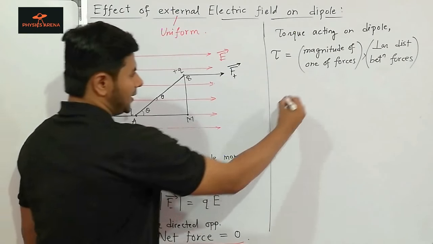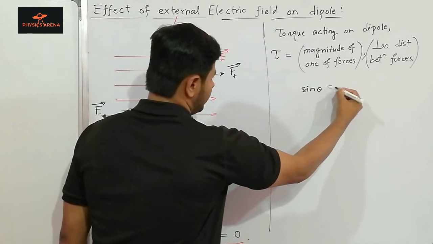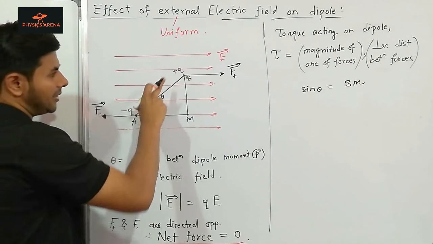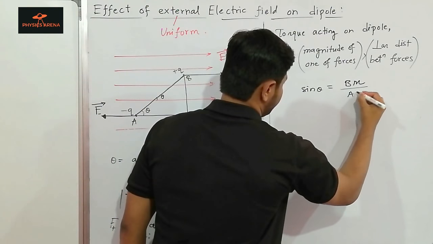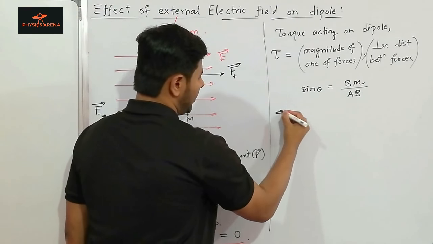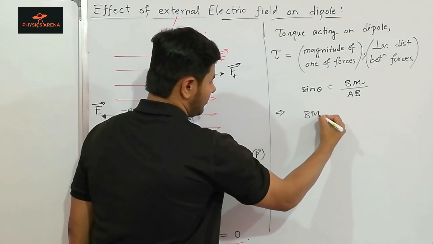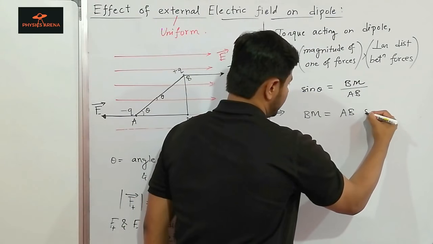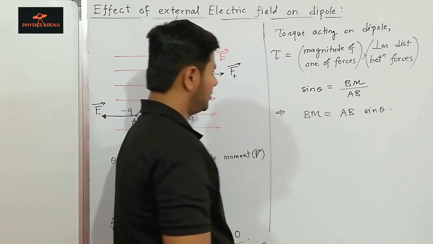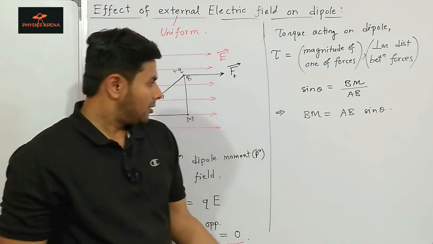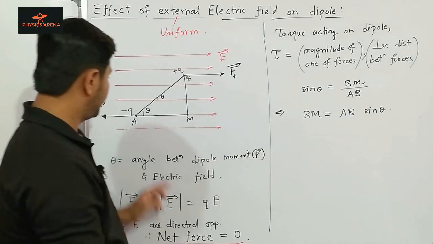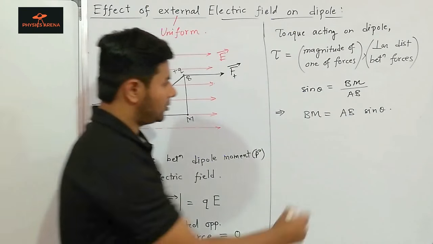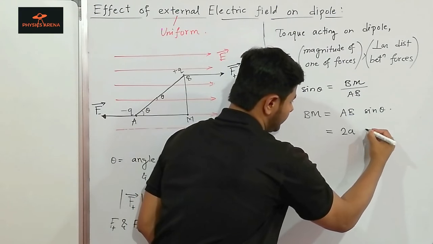Now in this triangle, sine theta equals the opposite side BM divided by AB, which implies that BM equals AB sine theta. Okay, and AB is the length of the dipole. So this is 2A into sine theta.